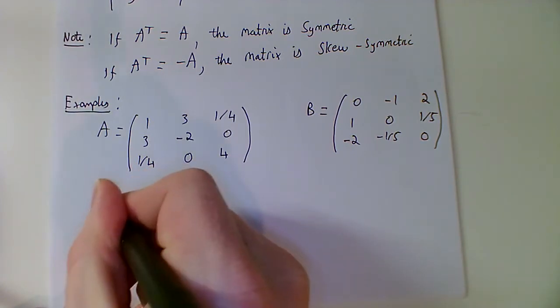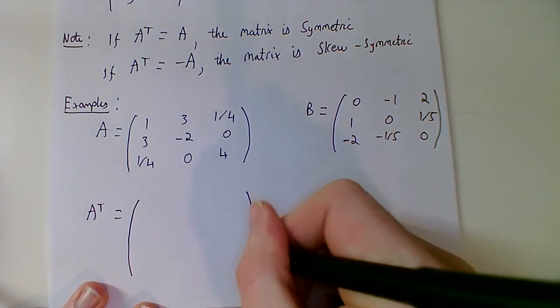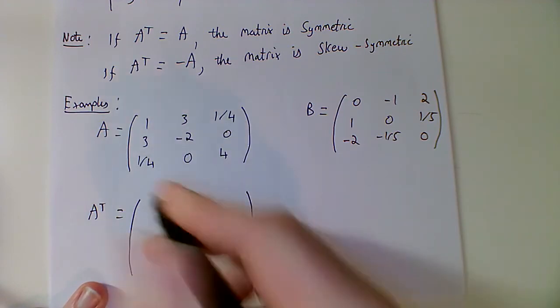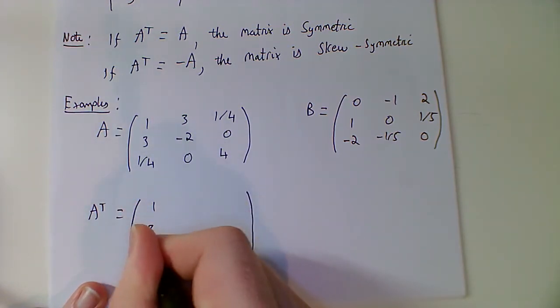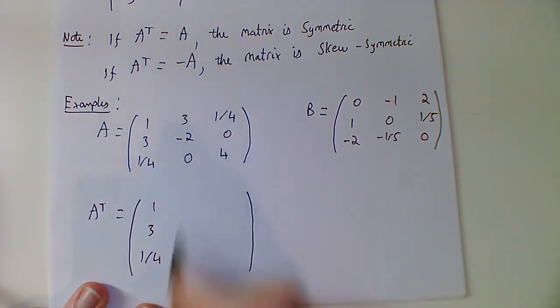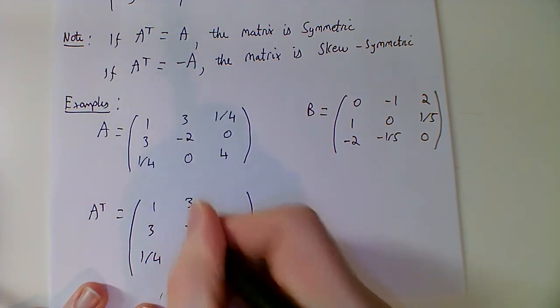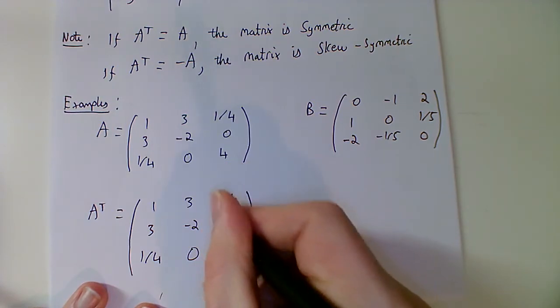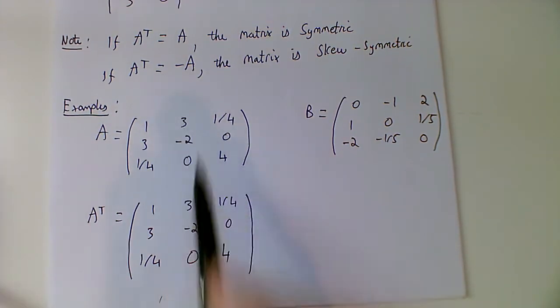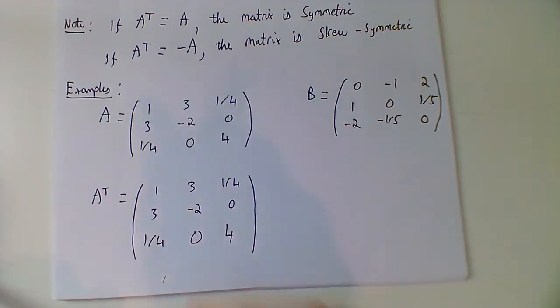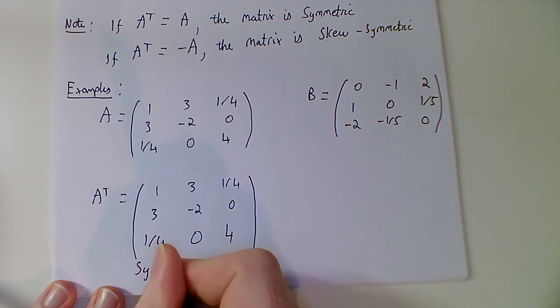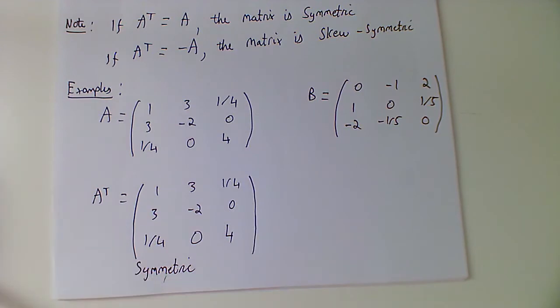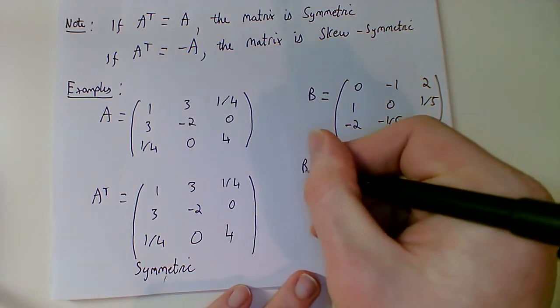So A transpose. This row is going to become this column, so that becomes 1, 3, a quarter. This row is going to become that column, so 3, negative 2, 0. And this row becomes this column: a quarter, 0, 4. As you can see, they're the same matrix, so that's symmetric. Okay, and then let's do B transpose.